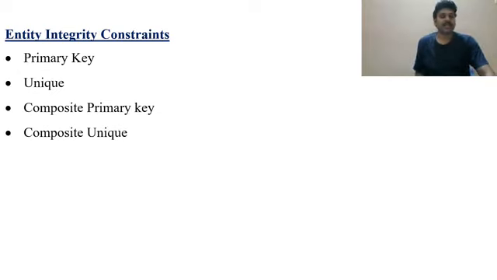And now let us discuss entity integrity constraints. There are different varieties of entity integrity constraint. What is the purpose of entity integrity? The purpose of entity integrity is nothing but that duplicates are not allowed.